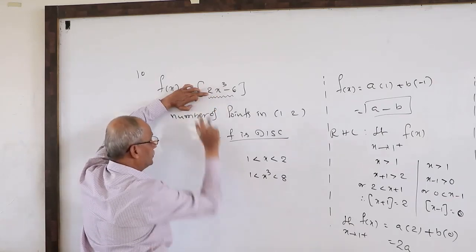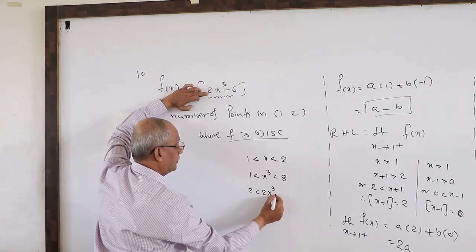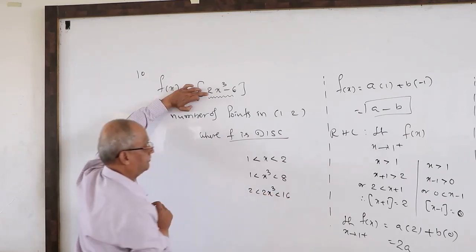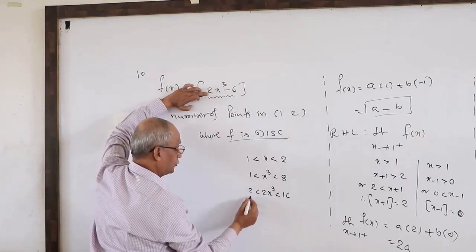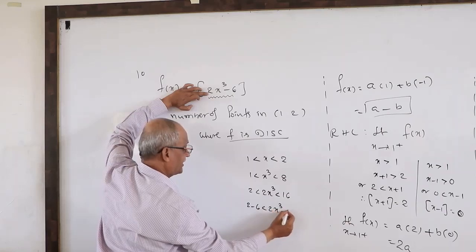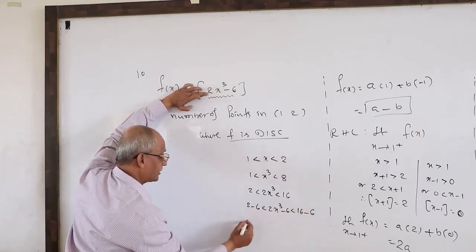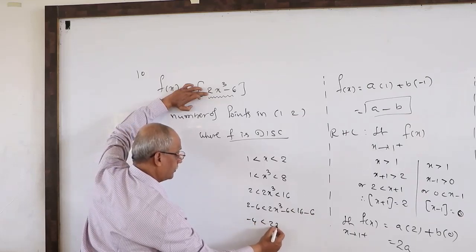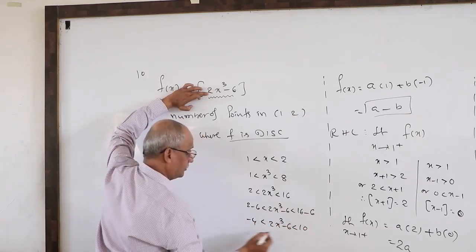Next, 2 is there: 2 less than 2x cube less than 16. Minus 6, subtract everywhere: 2 minus 6 less than 2x cube minus 6 less than 16 minus 6. Minus 4 less than 2x cube minus 6 less than 10.